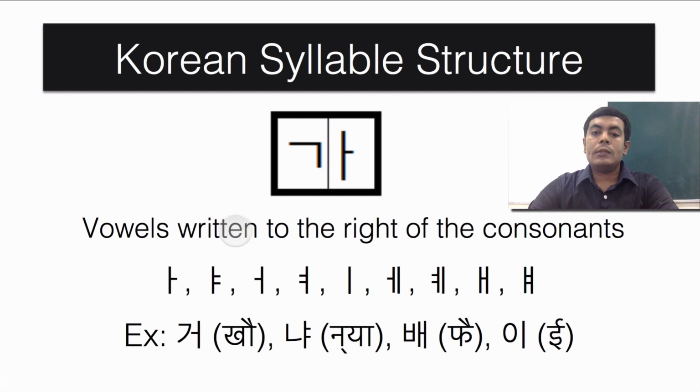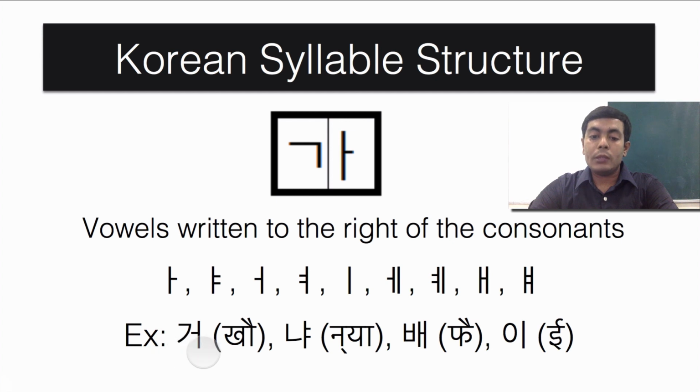The first one is where the vowels are written to the right of the consonants. So these are the vowels that are written to the right. A, ya, o, yo, e, ye. So if you see here, k is written here to the left side and after that a is written to the right, ka.